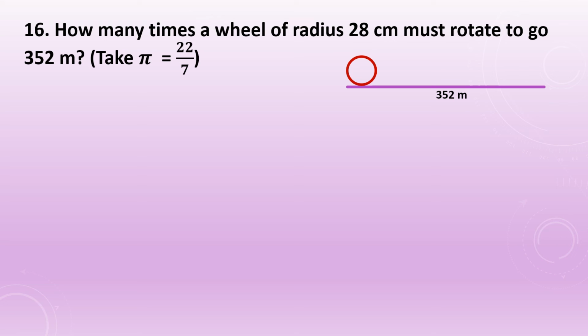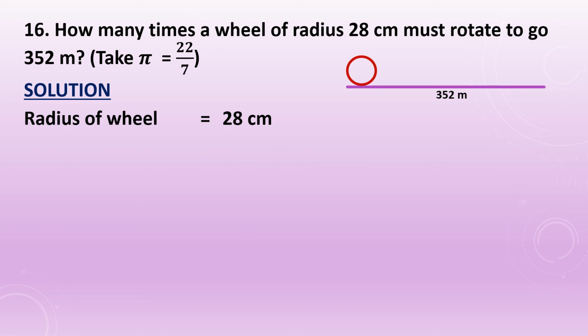That means we can find the circumference of the wheel first. Look at the question. Question is how many times. That means we have to divide it. Clear? So first we can find the circumference of the wheel.